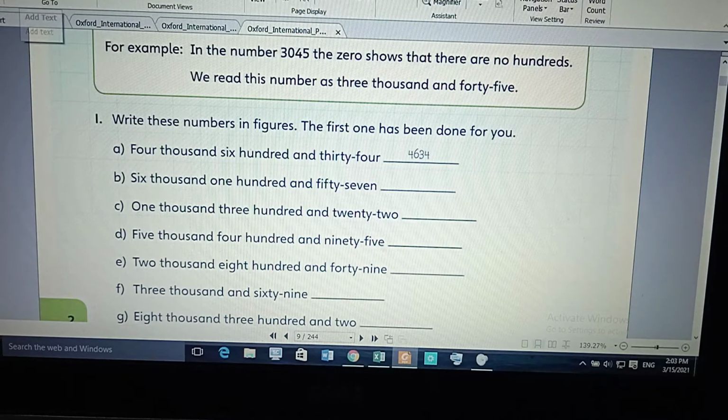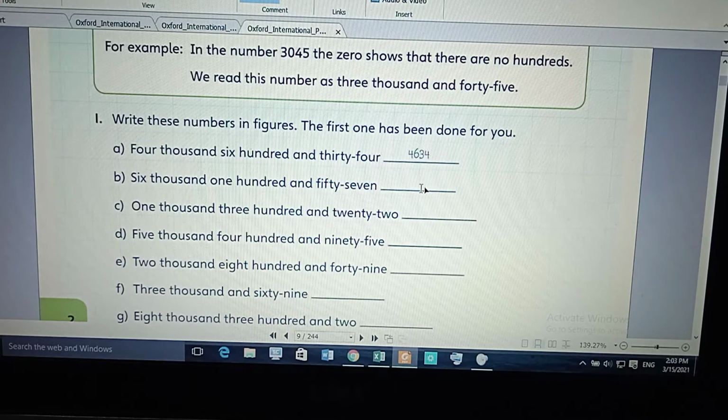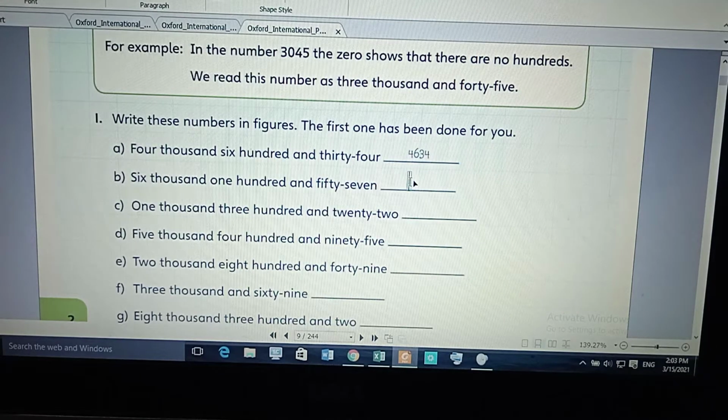Write these numbers in figures. Okay, let's write it. 4634, this is solved for us. Now we will write 6,157.